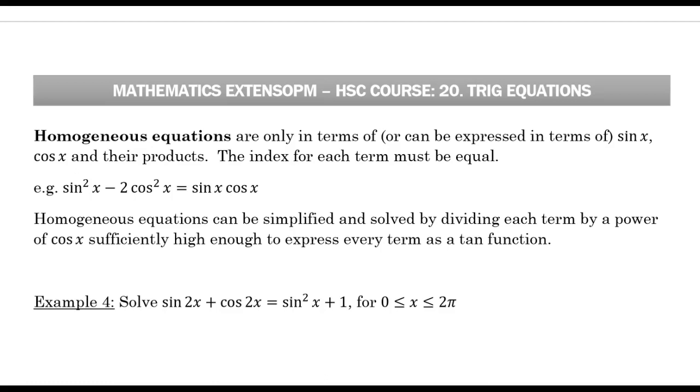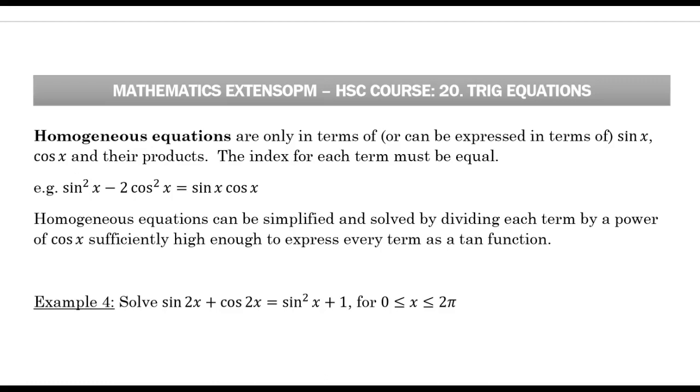So sine cubed has the same index as cos cubed, or sine by cos squared, or sine squared by cos, and so on. Rightio, so I need to have the same number of sines and coses if I combine them together in each term. Keeping in mind that things like 1 I could rewrite as sine squared plus cos squared. And any double angles I could again use a formula to rewrite in index form.